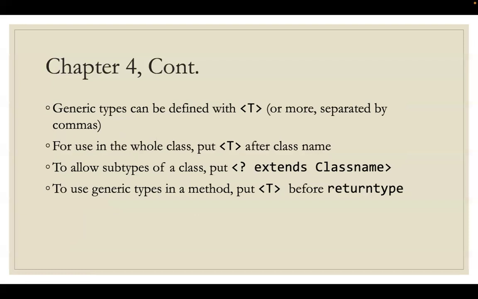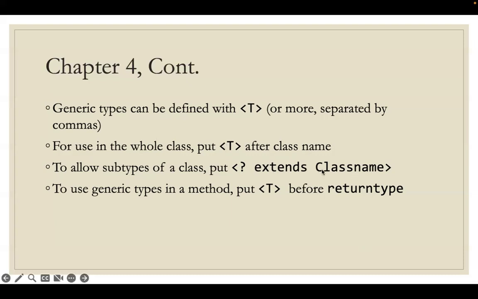We also talked about generic types, which is where we leave off in Lab 5, where we define them with T or more. To use it throughout the whole class, we put T after the class name. To allow subtypes, we can use the wildcard. We could also have T extends something.